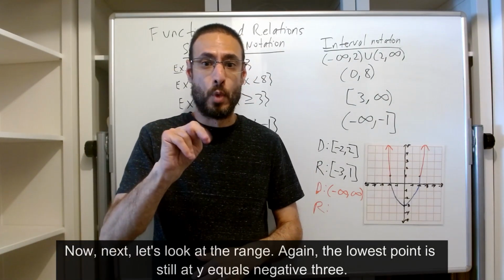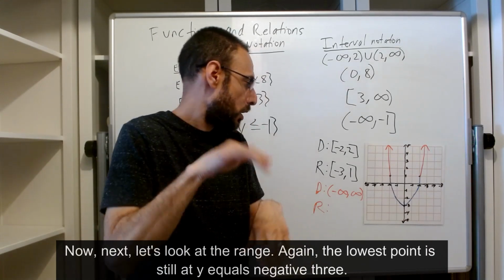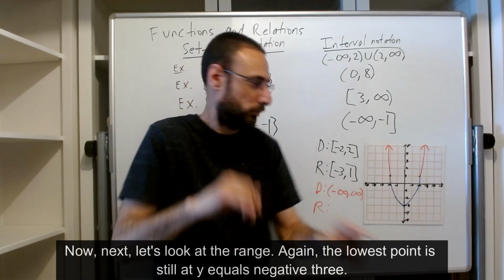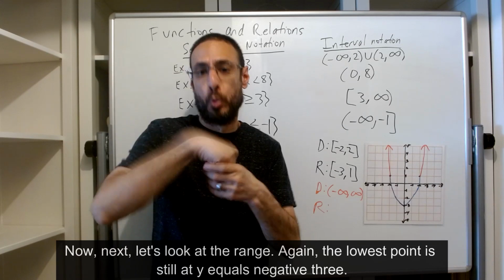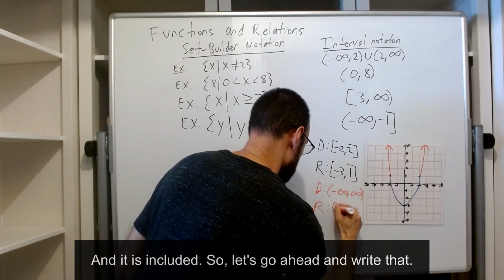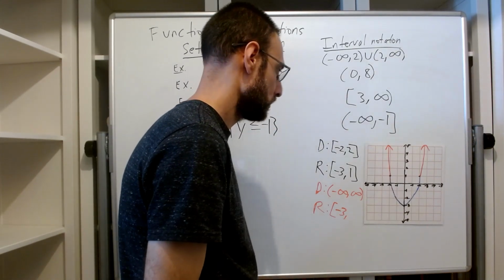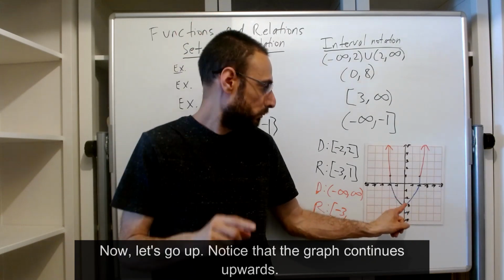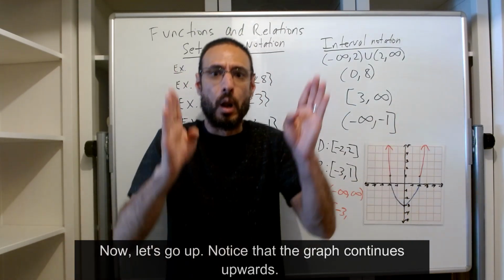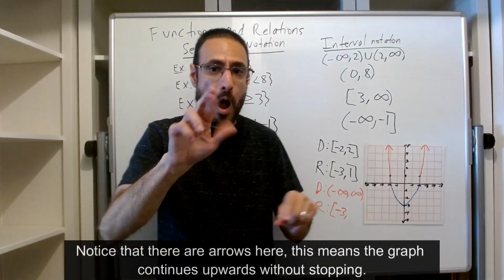Now, next, let's look at the range. Again, the lowest point is still at y equals -3. And it is included. So, let's go ahead and write that. Now, let's go up. Notice that the graph continues upwards. Notice that there are arrows here.